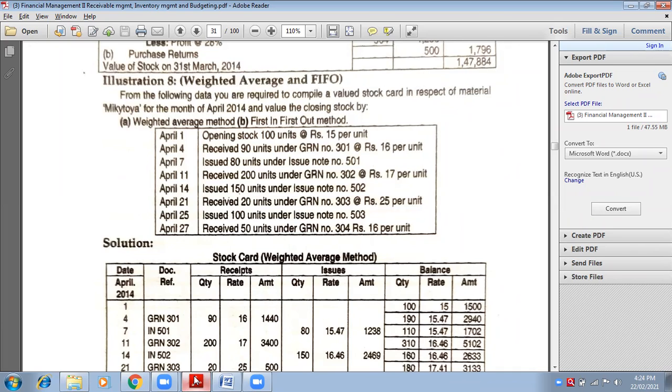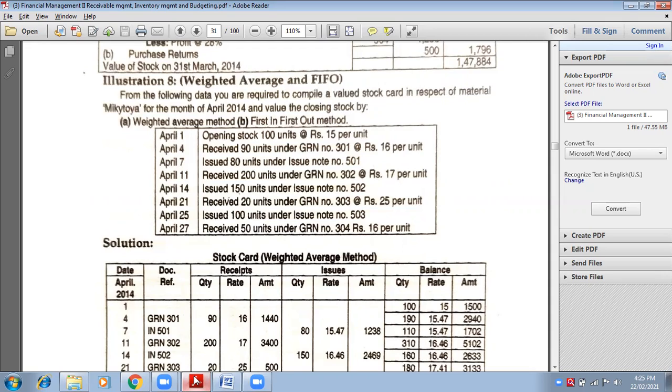And what will be the answer after multiplication? 60 into 17 is how much? 1,020. You can verify this. Check, I'm waiting. Let me know if 1020 rupees is correct or not. Yes, ma'am.